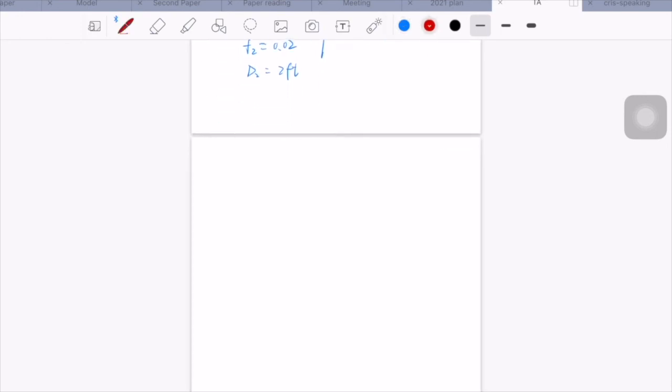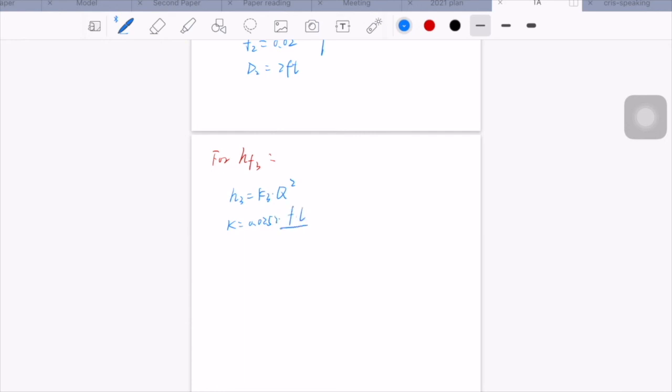And for the friction loss in pipe 3, similar to the previous problem, HF3 equals K3 times Q squared, and K equals 0.0252 times f times L over D to the power of 5.